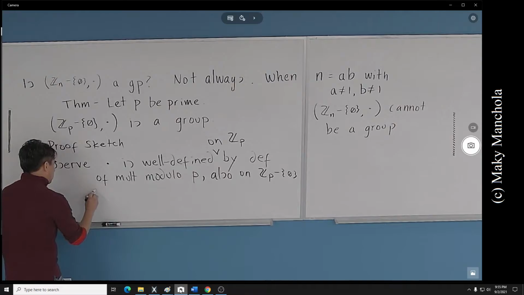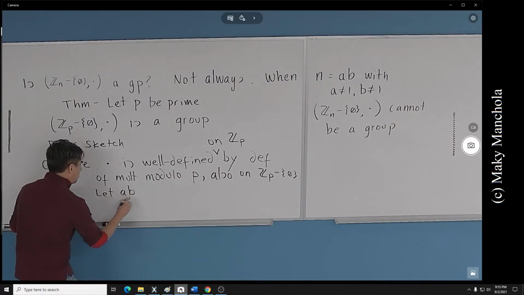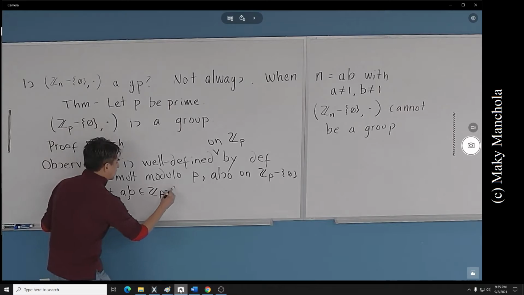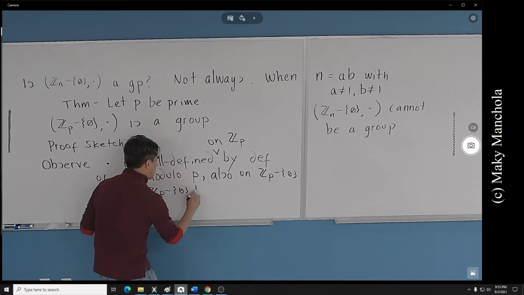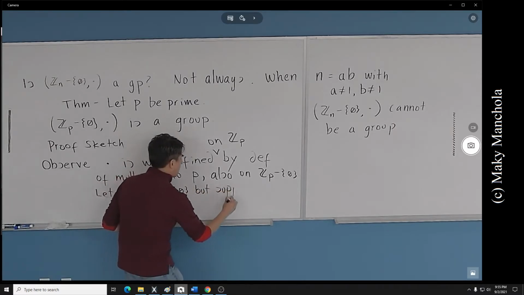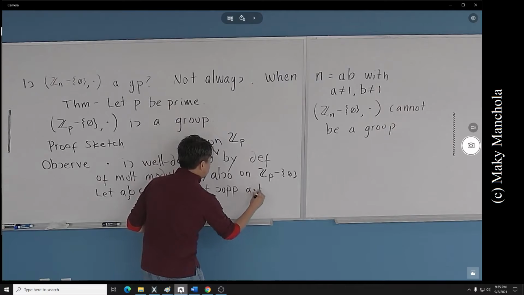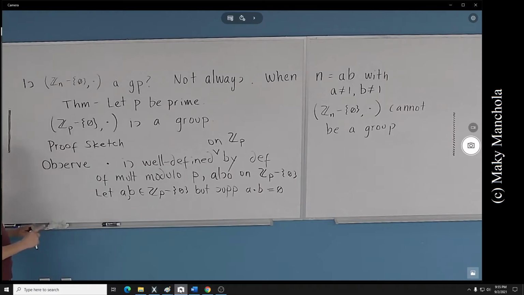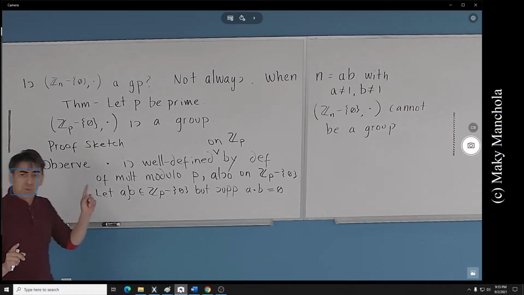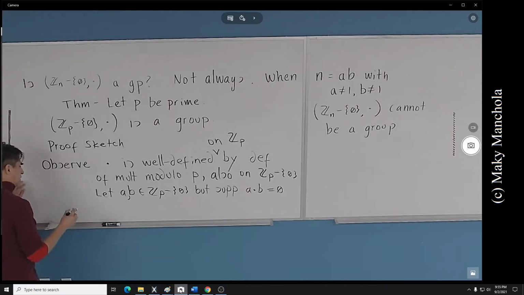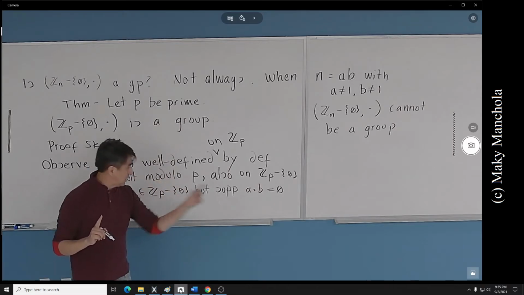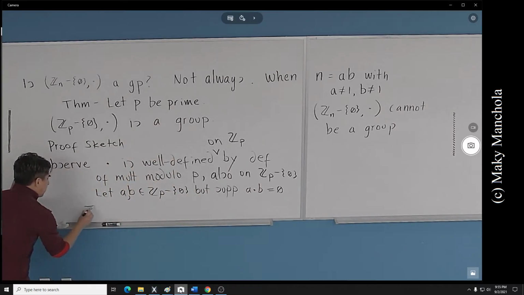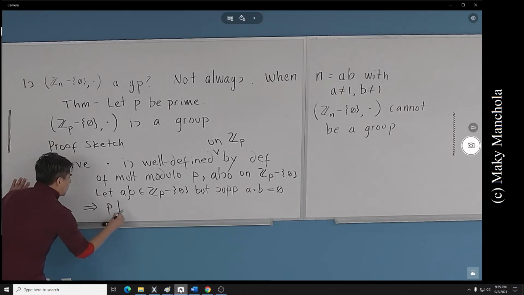So if I have two elements in here, when I multiply them, is it possible I'm going to get 0? So let A, B be elements in Zp excluding 0. But suppose A dot B is 0. I contend this will lead to a contradiction. So if the product AB is 0, that means p is a multiple of AB. So this implies that p divides the product AB.